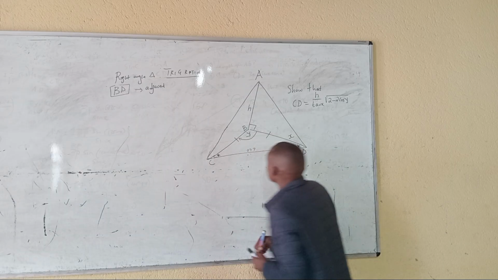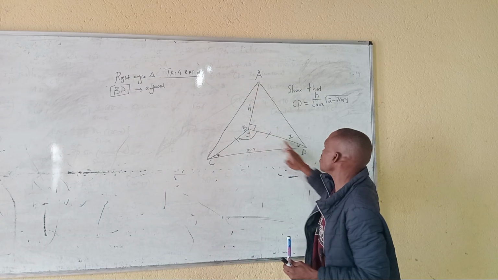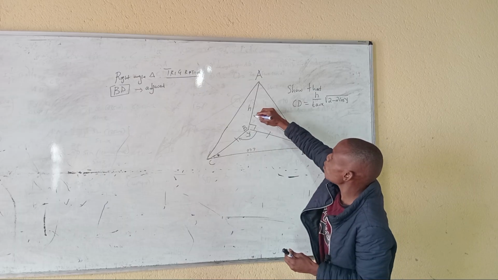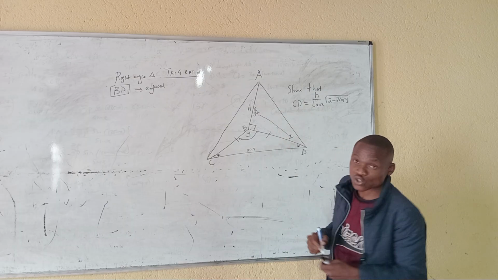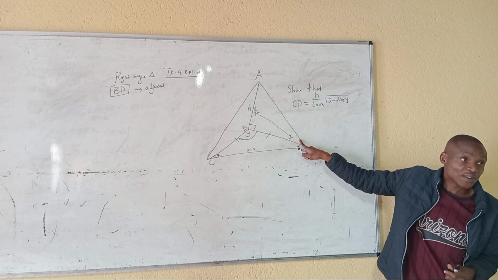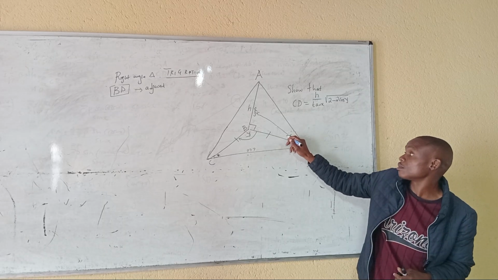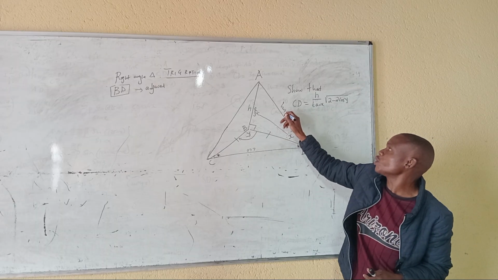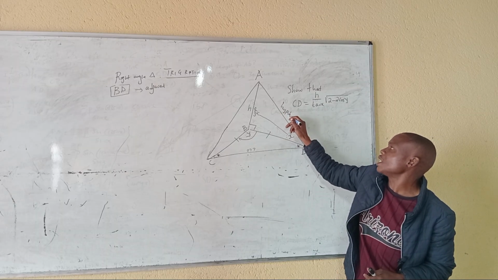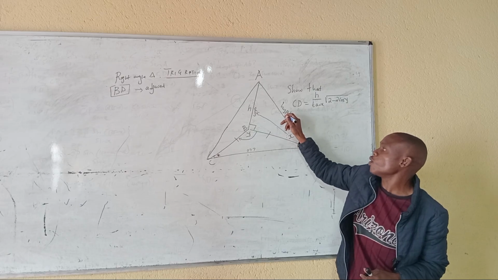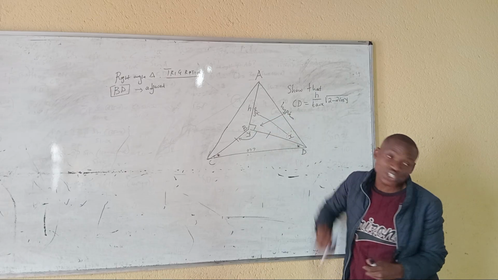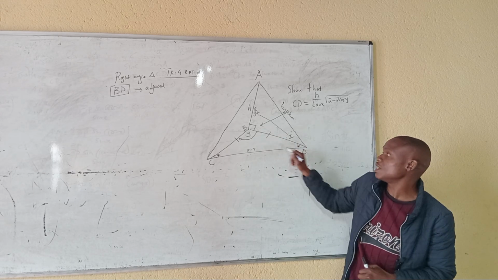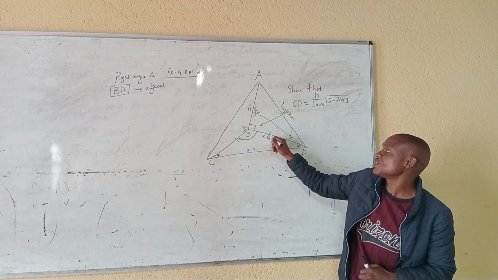In triangle ABD, AB is opposite because it's opposite to our reference angle x. AD is the hypotenuse because it's the longest side and also opposite to 90 degrees. BD is the adjacent.